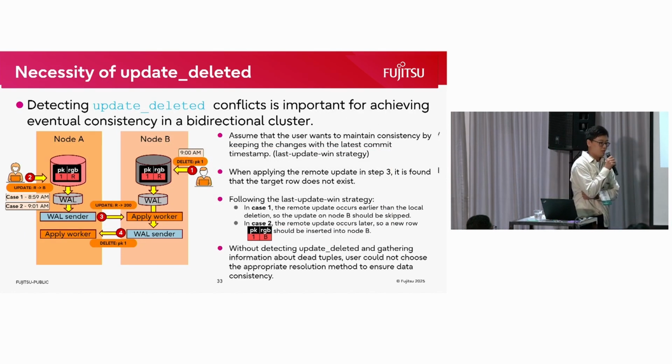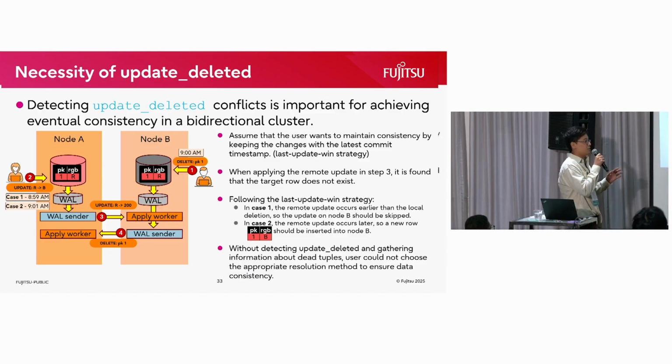Now people may ask why we need to introduce this new conflict instead of relying on the single update_missing. Basically, detecting this new conflict is important for achieving eventual data consistency in a bi-directional cluster. It's also helpful in a unidirectional cluster, but here we're taking the bi-directional cluster as an example.